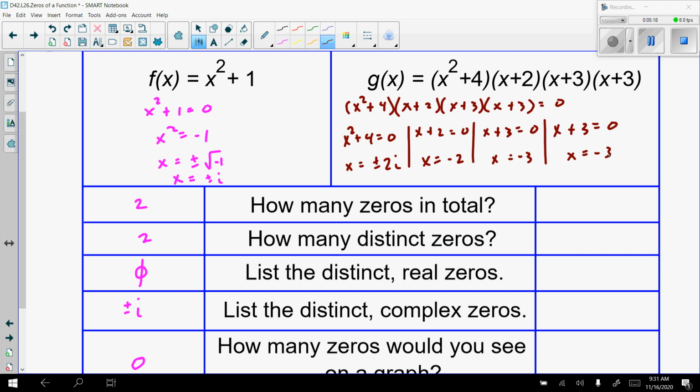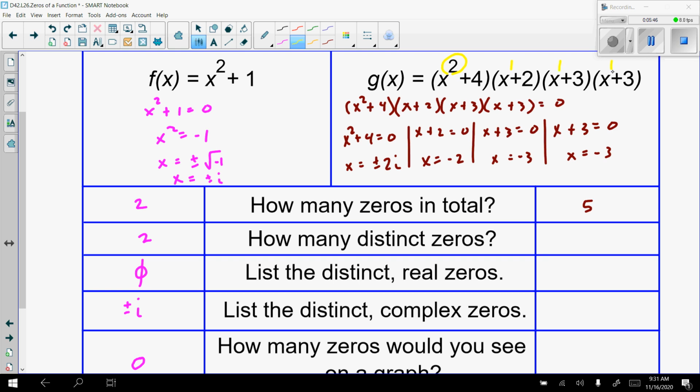So now, how many zeros are there in total? Well, in this case, there are 5. And we can get that by simply counting if you wanted to: 1, 2, 3, 4, and 5. Or you can simply look at the original problem. There's a degree 2, degree 1, degree 1, degree 1.